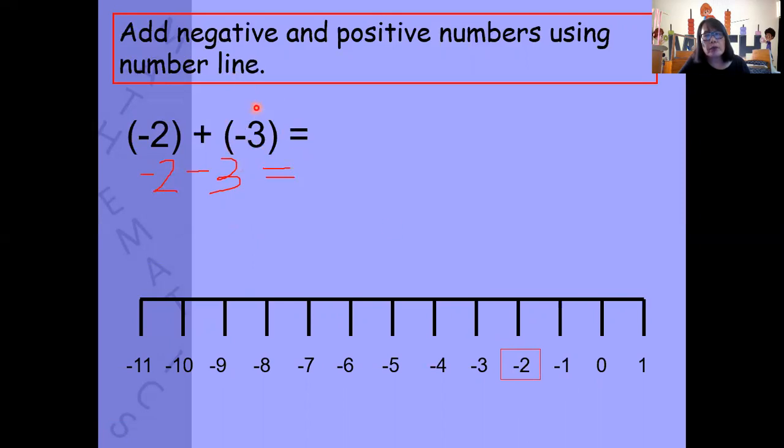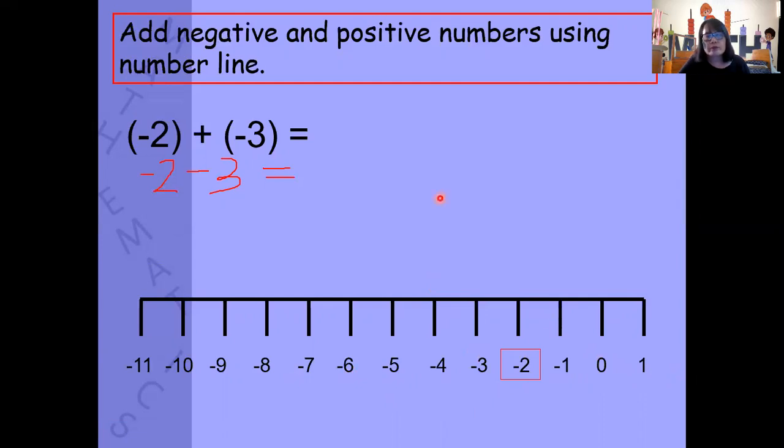What is our number? -3. So, where are negative numbers located? Is it to the left of 0 or to the right of 0? So, yes, negative numbers are to the left of 0 and positive numbers are to the right of 0.